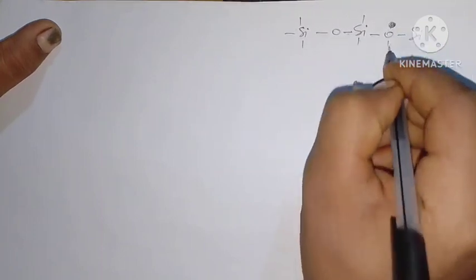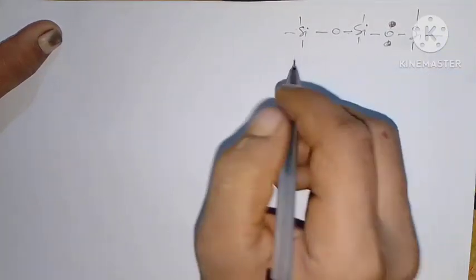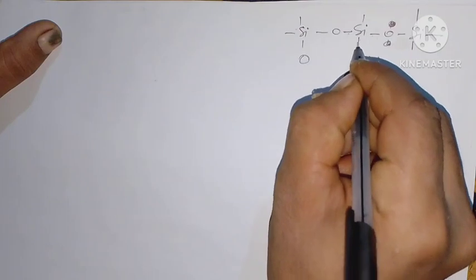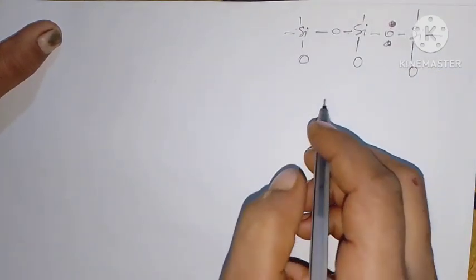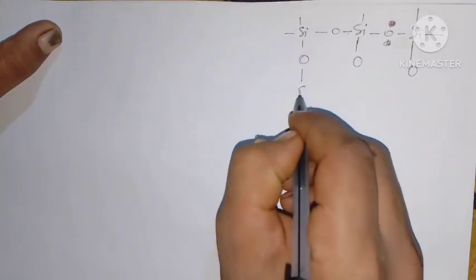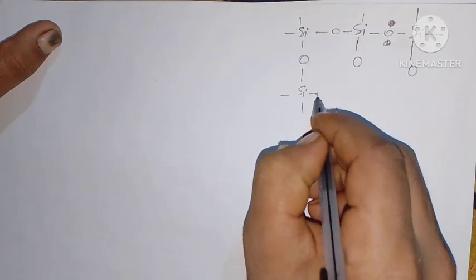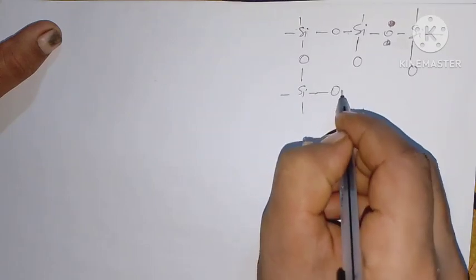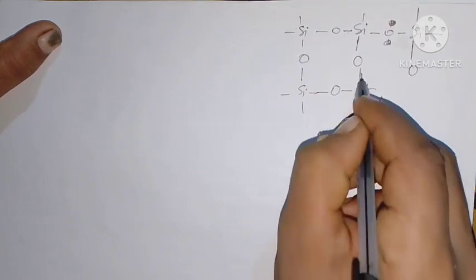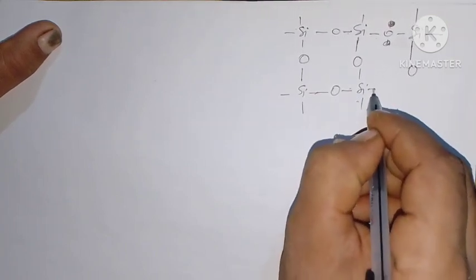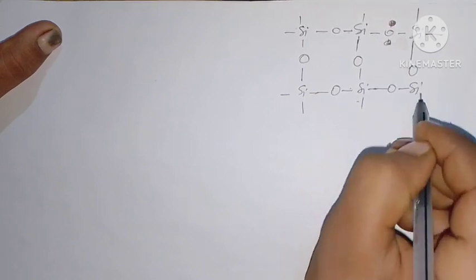Sorry, oxygen has only two bonds, and silicon has four bonds. And oxygen, and oxygen, and oxygen. And next is silicon, and that is oxygen, that is silicon with 1, 2, 3, 4, and that is oxygen, and that is silicon.